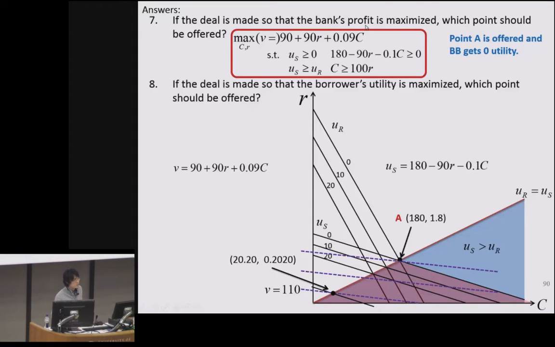If the bank maximizes its profit, then point A should be offered. So the required collateral is 180 pounds. The charged interest rate is 180%. And at this point, Brown Bakery is completely exploited, getting zero utility.